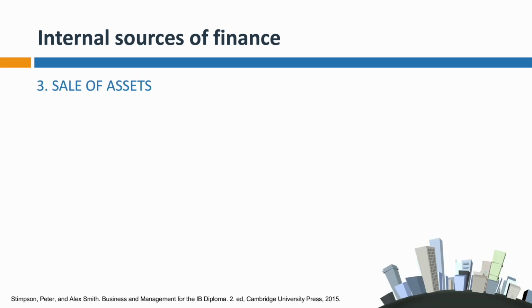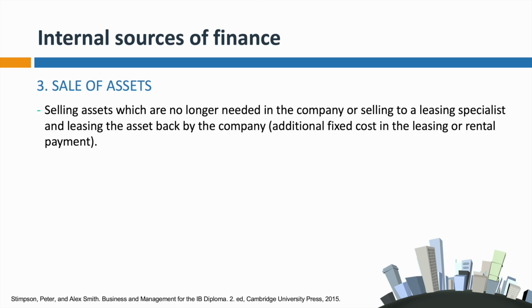The third type of internal source of finance is the sale of assets. Selling assets which are no longer needed in the company, or selling to maybe a leasing specialist, can be an option for the business when you need to raise more finance, for example, for some investment or to cover your liabilities.